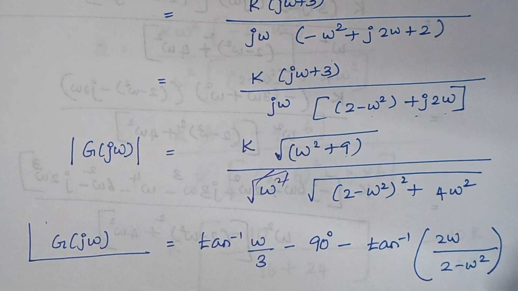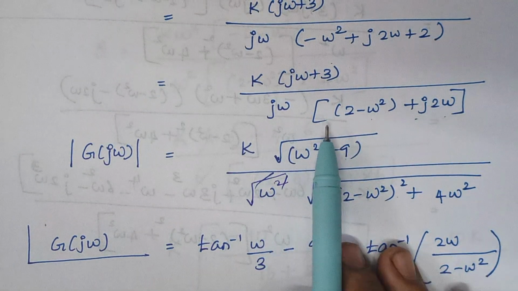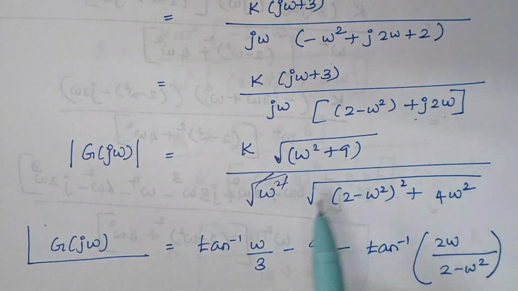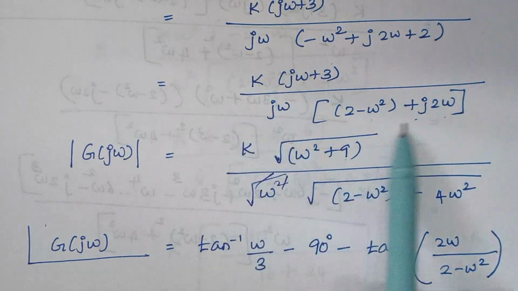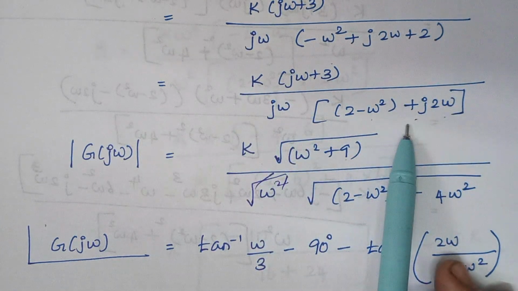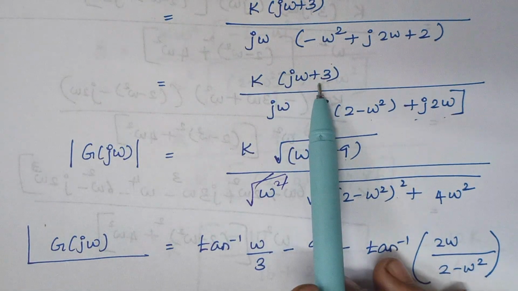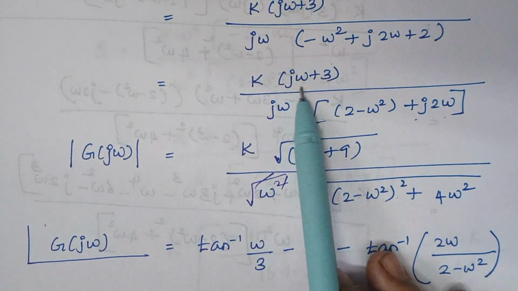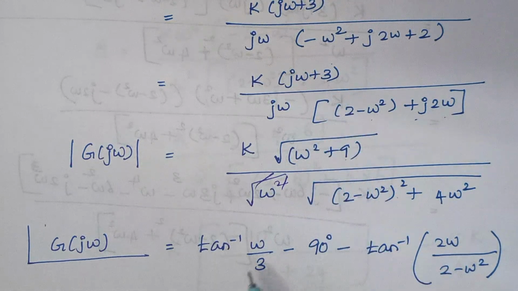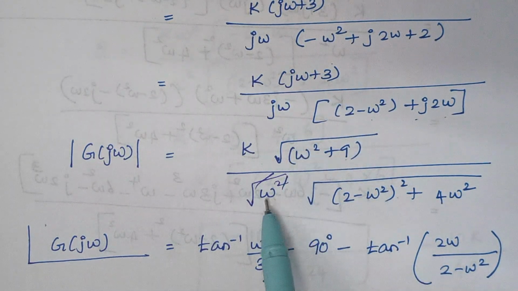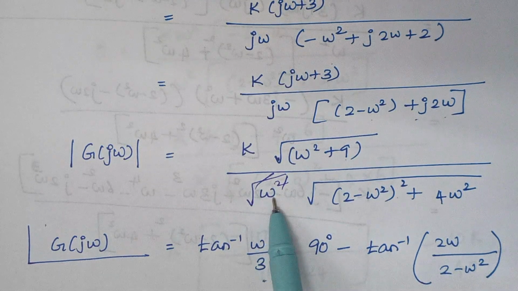Next, we are going to write the expression for phase angle. For writing this, we just have to consider this part, right? Consider this region. So now, in the numerator we are having a term. So write tan inverse of the imaginary coefficient, which is omega, and the real term, which is 3. So here I had written tan inverse of omega by 3. And here omega in the denominator contributes 90 degrees, right?